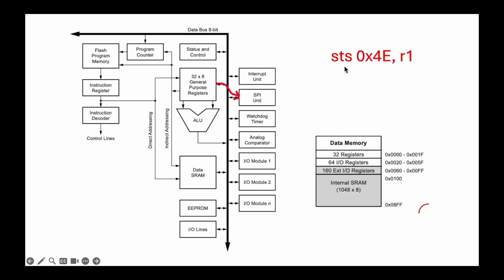So a normal store instruction would load from either a register, an IO register, or the internal SRAM. So it cannot load from a flash program memory, as it is not byte, I don't want to say addressable, but it's not byte programmable or byte readable. If you're going to read from it, you're going to read a whole page, or if you're going to write to it, you're going to write a whole page. If you're going to erase some memory, you're going to erase the whole page.